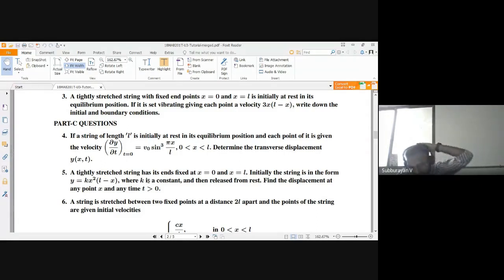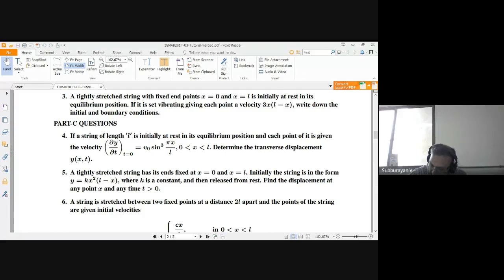Okay. Now apply the conditions one by one, and you will get a equal to 0 and lambda equal to n pi by L. And if you apply the third condition, you will be getting that c equal to 0.